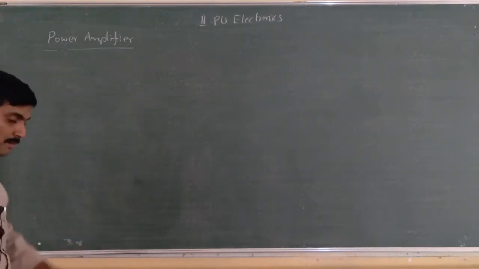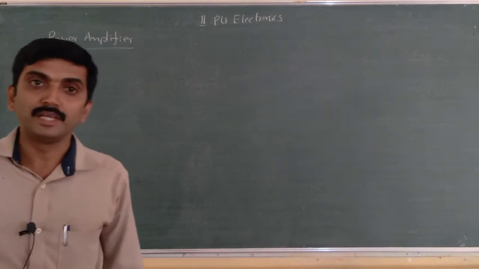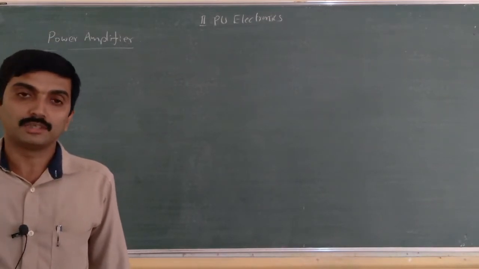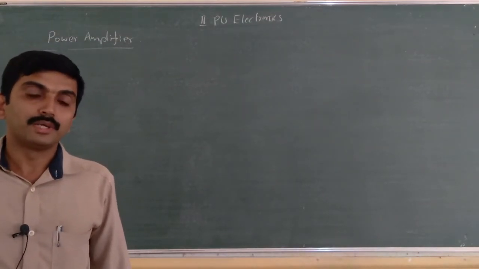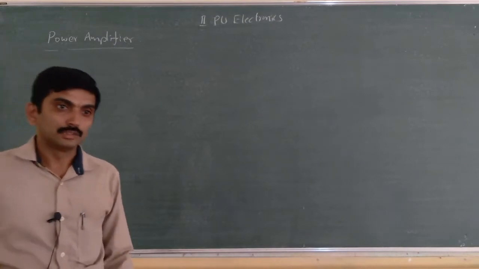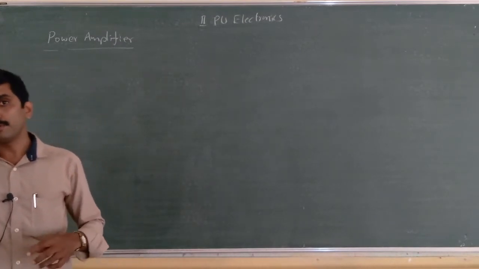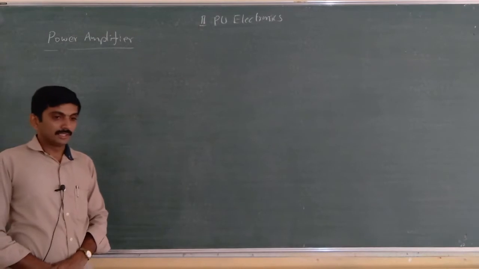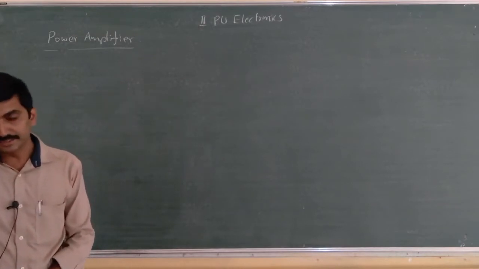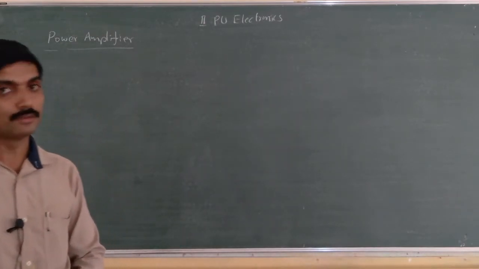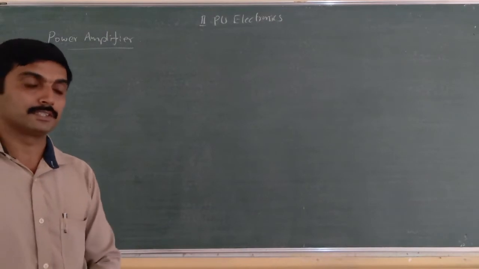Whereas, in the case of power amplifiers, these amplifiers are mainly used to deliver the maximum power at the load. They are designed to deliver maximum power at the load, and these are generally known as power amplifiers, also called large signal amplifiers.